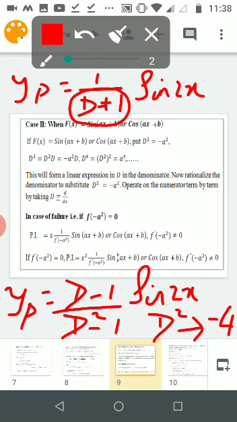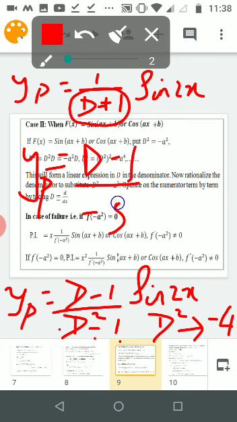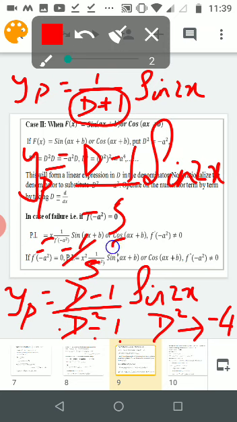So yp will become D minus 1 upon minus 4 minus 1, which is minus 5, operated on sine 2x. This is equal to minus 1 upon 5. What is D? Capital D is nothing but d by dx.